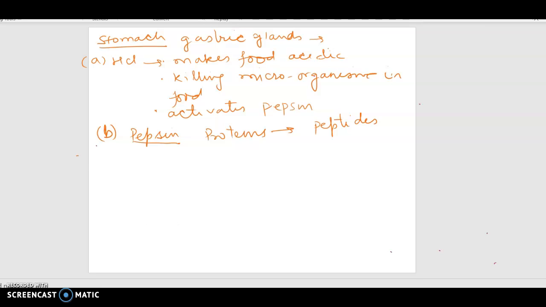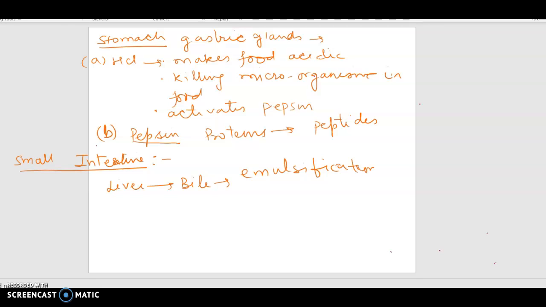After the stomach, food enters into the intestine, and that is the small intestine. Before this, the liver secretes bile, and it helps in emulsification of fats. Emulsification of fats means breaking down fats into smaller particles.